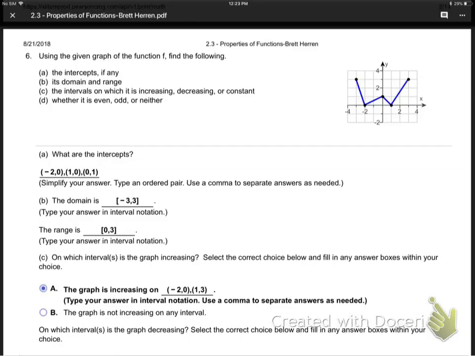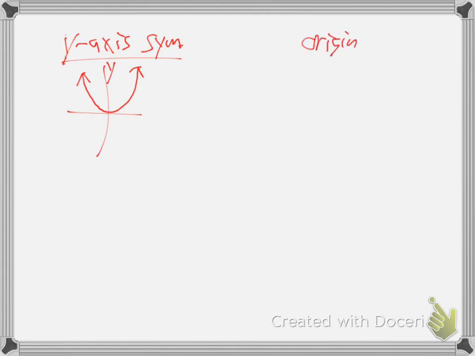For some old definitions. Remember how we talked about, let me just write it here, if a function has y-axis symmetry, like that one, for example, it's identical on the two sides of the y-axis. And then we also talked about origin symmetry.